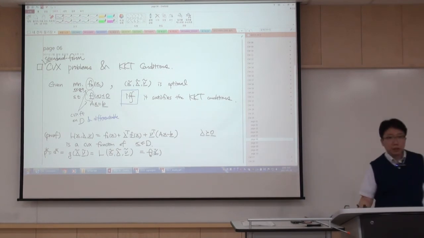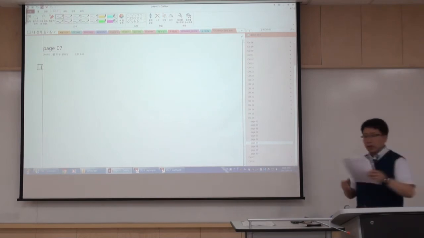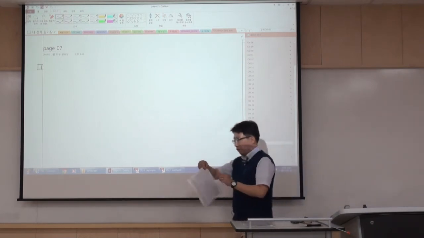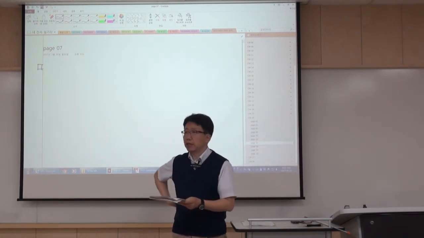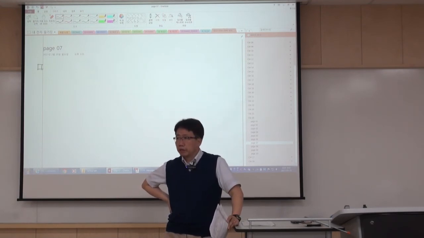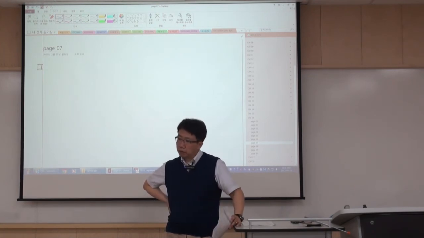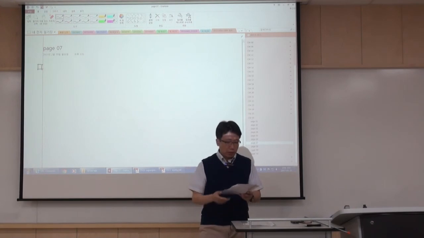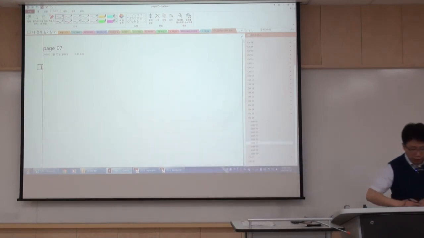Now let's see one important example. If you take a look at the lecture note, they have one example named water filling. Some of you who have taken the information theory course, or who are taking it, may know this one, or may have heard of this one, or you will hear of that one. The problem looks like this.